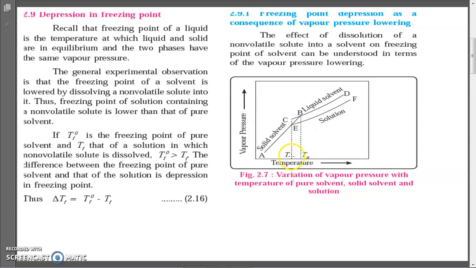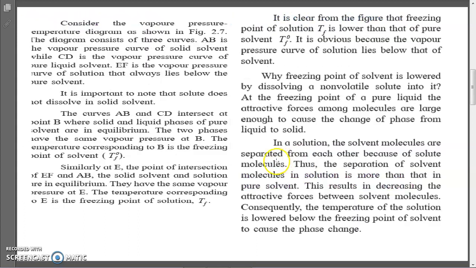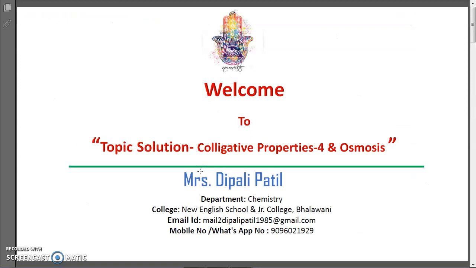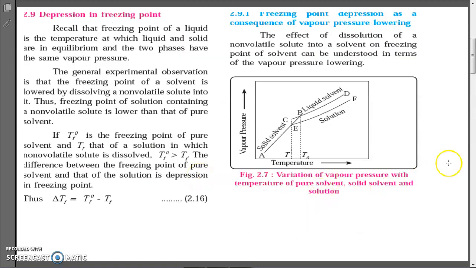Means T0F is more than Tf. It is clear from the figure that the freezing point Tf of the solution is lower than that of the pure solvent. Now, why is the freezing point lower?